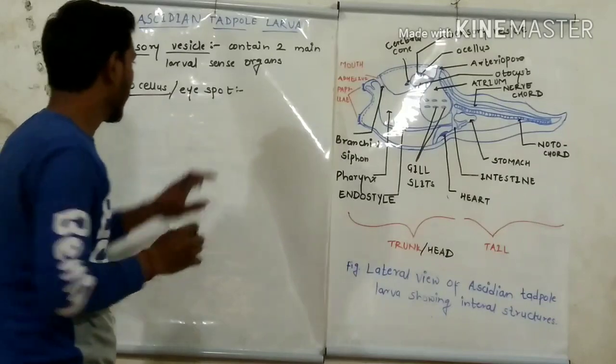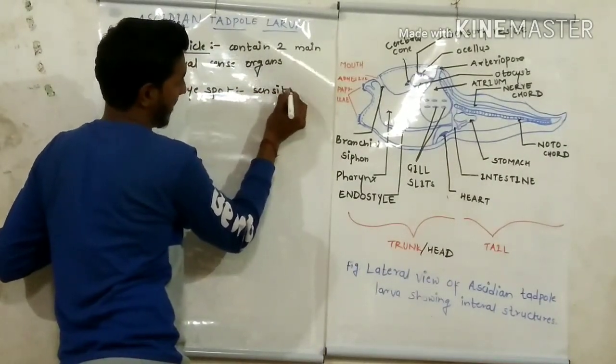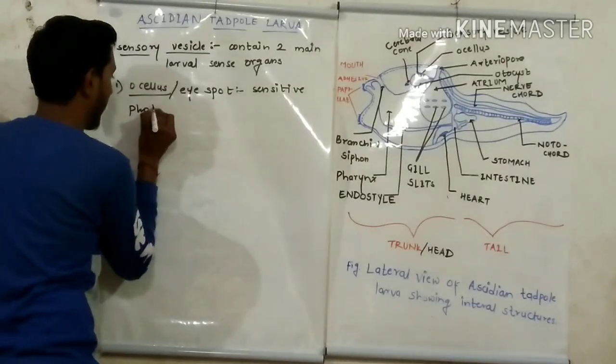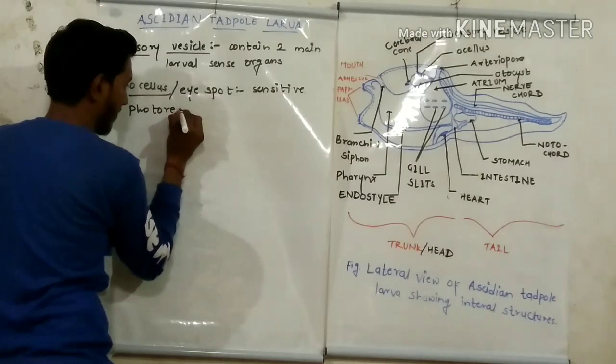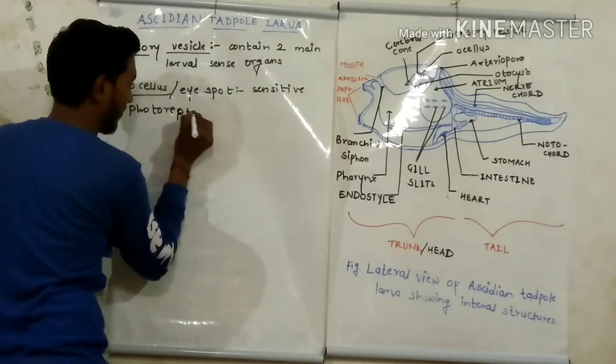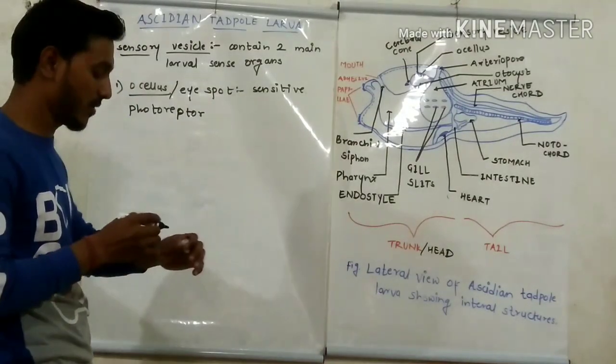This ocellus is a sensitive photoreceptor, which helps in detection of light and the absence of light.